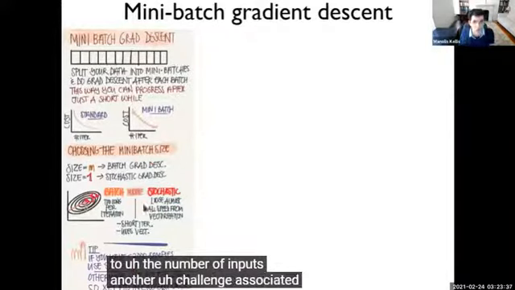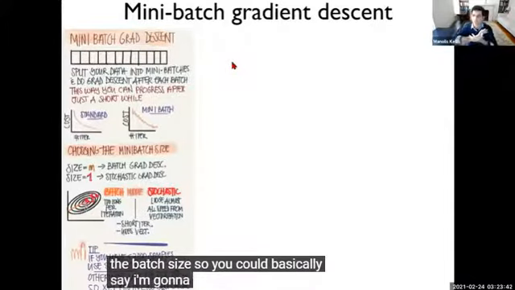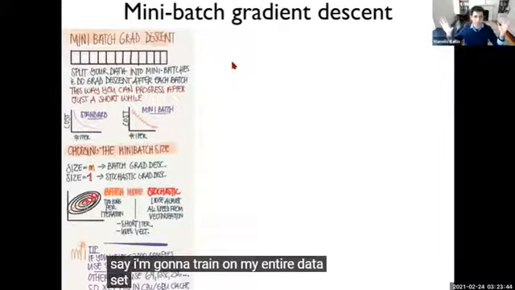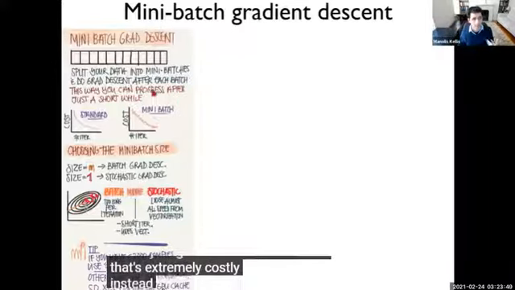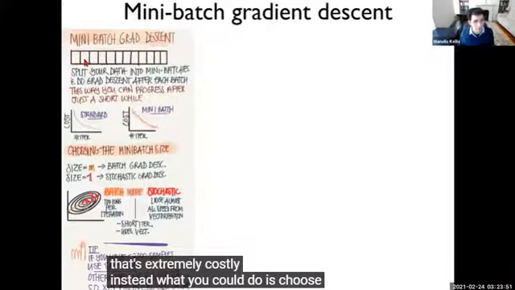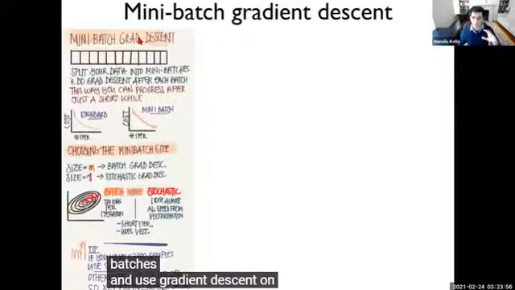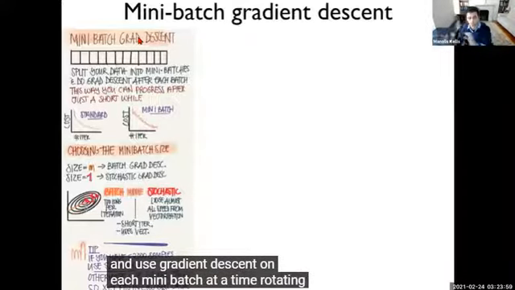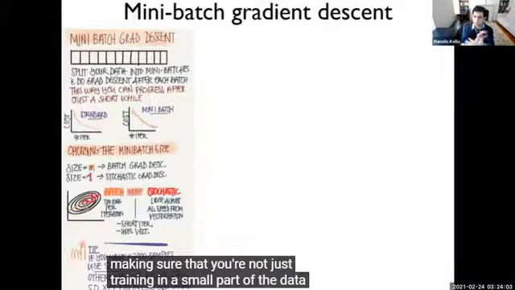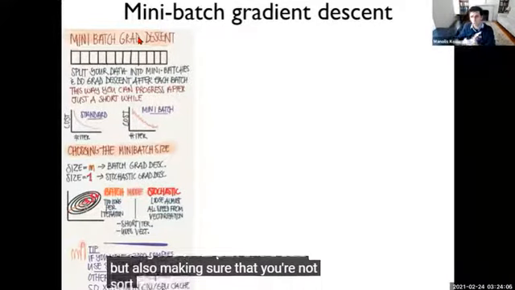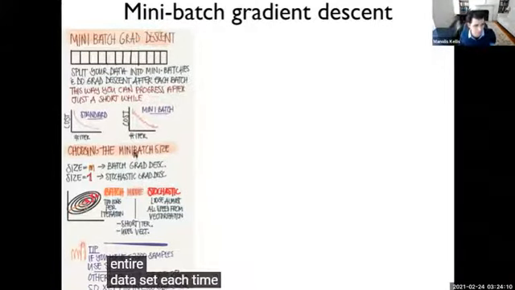Another challenge associated with learning is how to choose the batch size. So you could basically say, I'm going to train on my entire data set at every single iteration. And of course, that's extremely costly. Instead, what you could do is choose mini batches and use gradient descent on each mini batch at a time, rotating between the mini batches, making sure that you're not just training on a small part of the data, but also making sure that you don't have to traverse the entire data set each time.